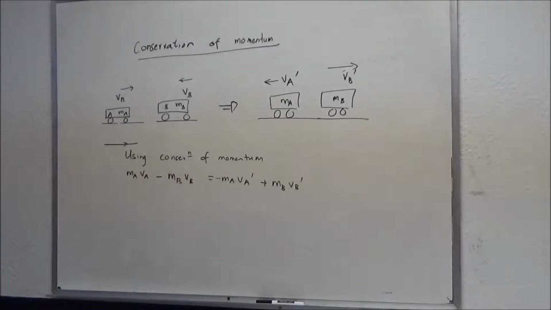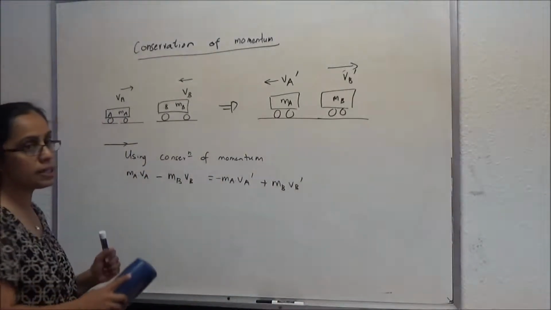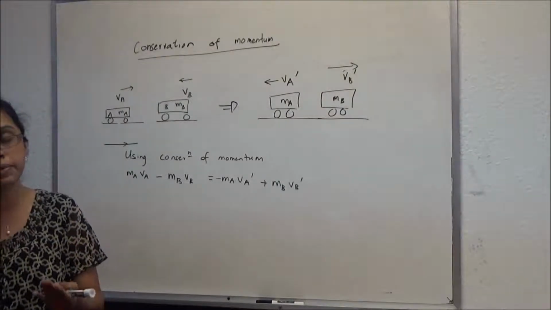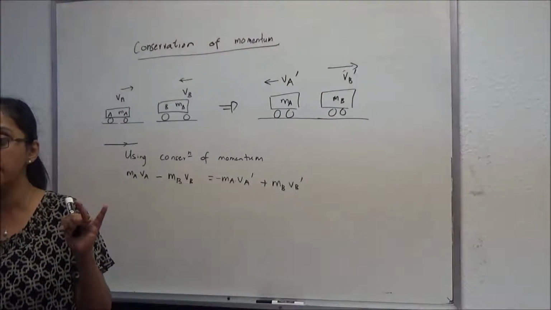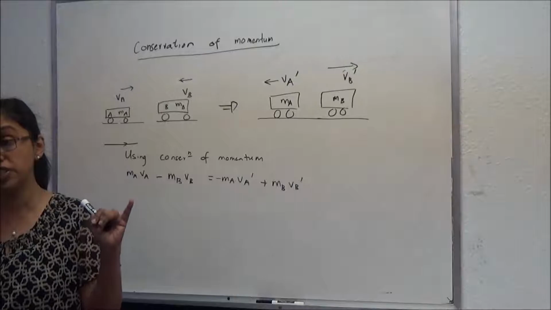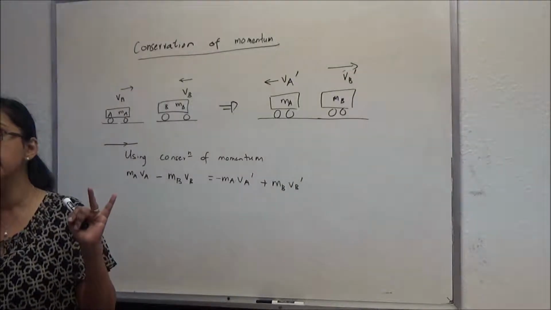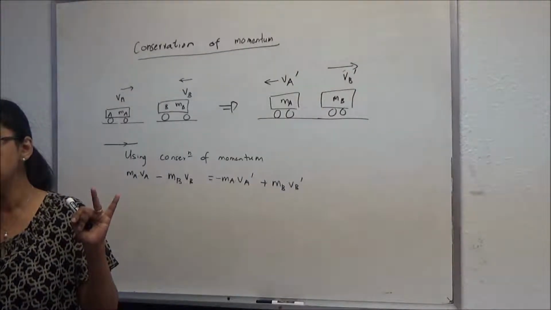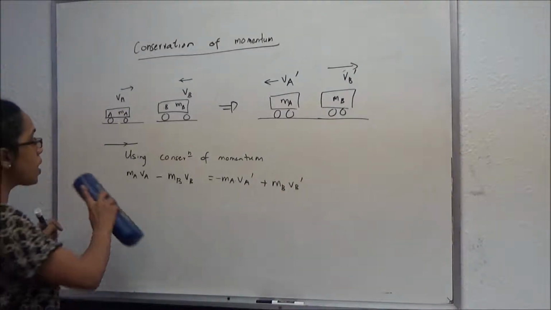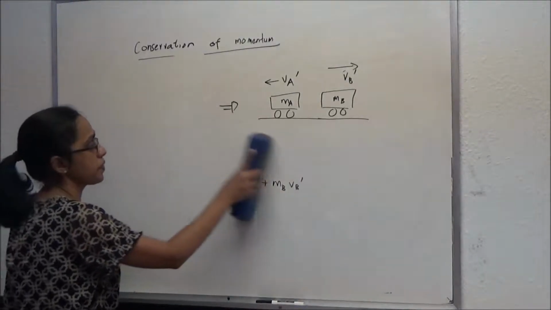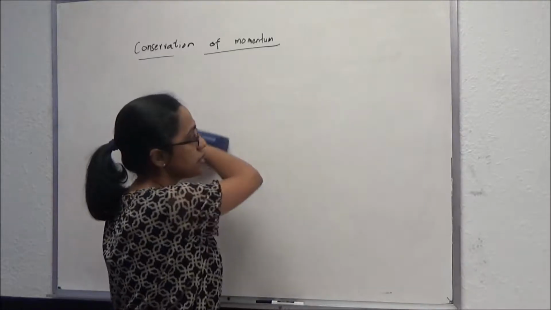Okay, so last time I said change of momentum. The change of momentum can occur due to two reasons. One, mainly due to a change in velocity and a change in mass too. So I was talking about an explosion, didn't I?